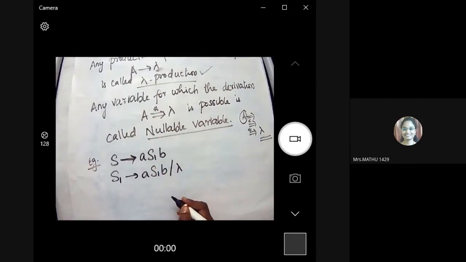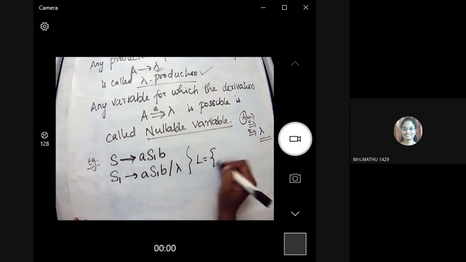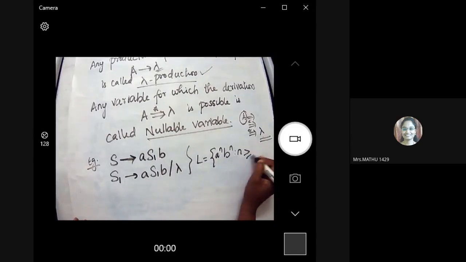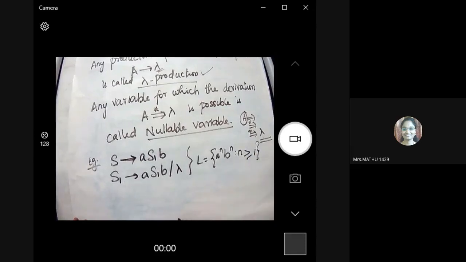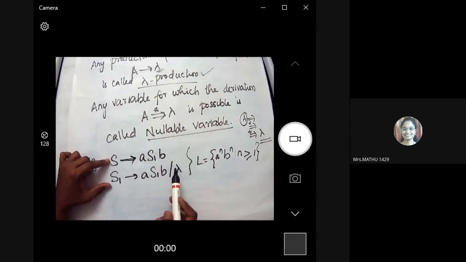This grammar is for the language L equal to A power n, B power n, such that n is greater than or equal to 1.